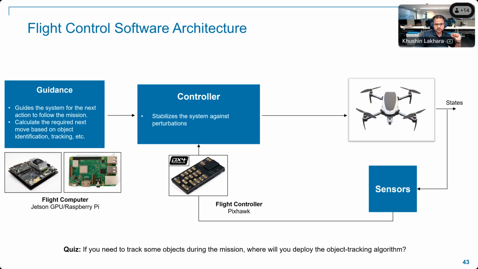Let me ask you another question. If you are working on a mission which does not need all of these and just needs you to follow the waypoint mission, where will the waypoint mission algorithm go?